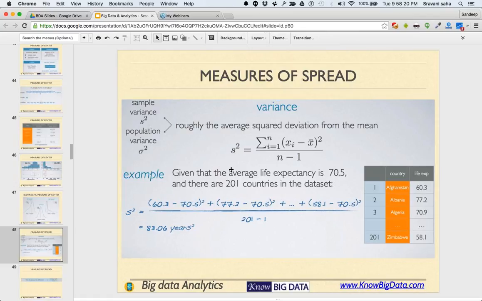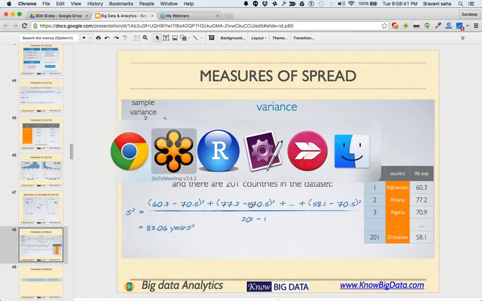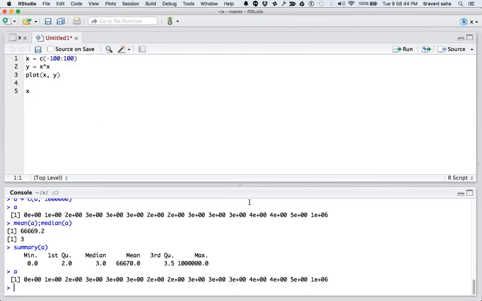So s square is called variance, while s is standard deviation. And how do you compute it? You first find the average value, then subtract the average value from all the values, square it, and then divide by the total number of elements minus 1. Let's say we have this a, okay.